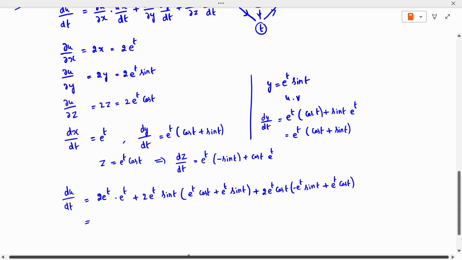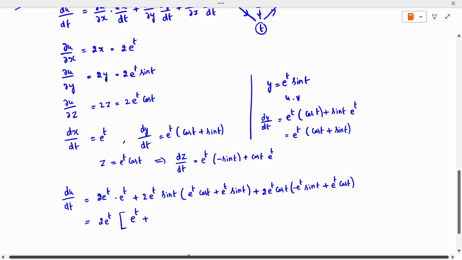In every term, e to the power t and 2 are common, so first I will take those outside. 2 into e to the power t I will take outside. For the simplification, first the term e to the power t.